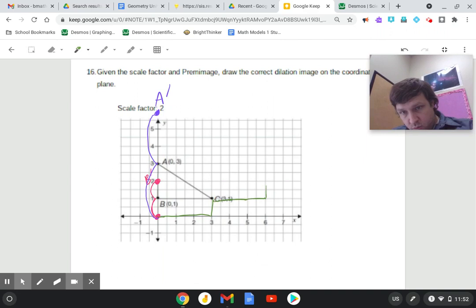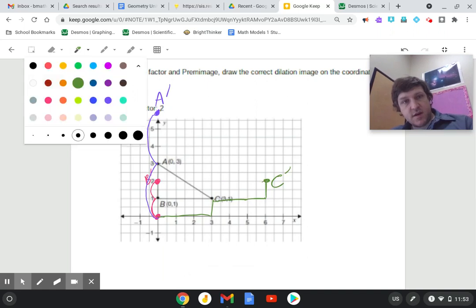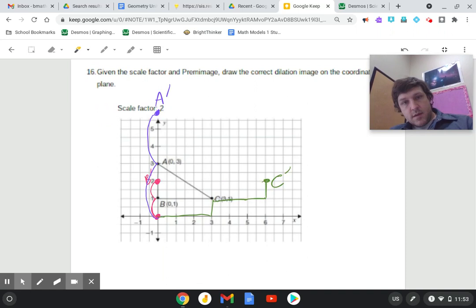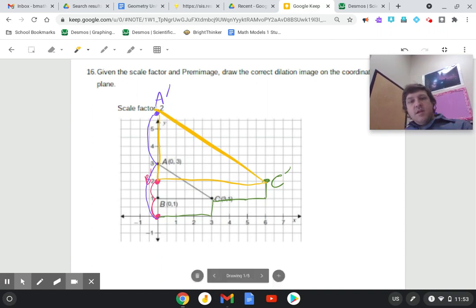Over 3 up 1 again, and that's the new point C. And so you can see the new figure, I'll do it in another color, would be this. And so what you need to know is that you need to be looking for a figure that matches the scale factor, which in this case was 2. You're going to be choosing from a set of options.